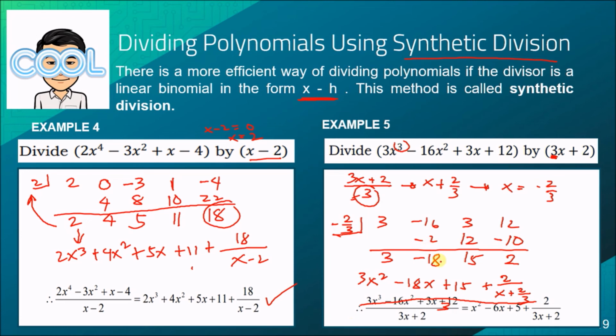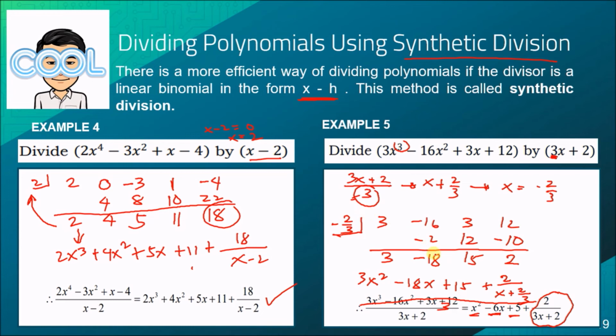Hanggang sa ang magiging sagot ay ito. Napapansin mo yung 3x squared divided by 3 ay x squared na lang. Yung negative 18x divided by 3 is negative 6x na lang. 15 divided by 3 is positive 5 na lang. Ito naman, kung i-divide mo to ng 3, ganito yung magiging result.